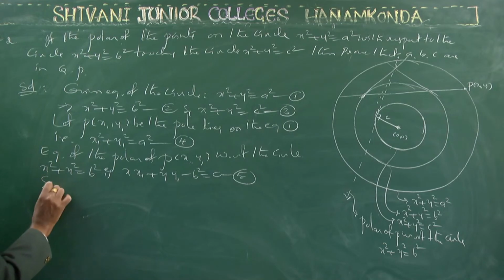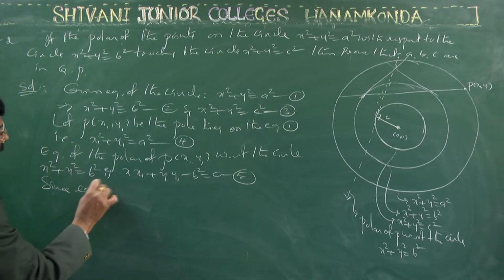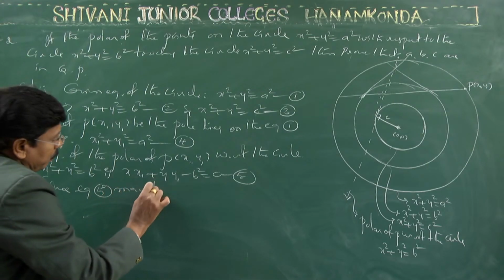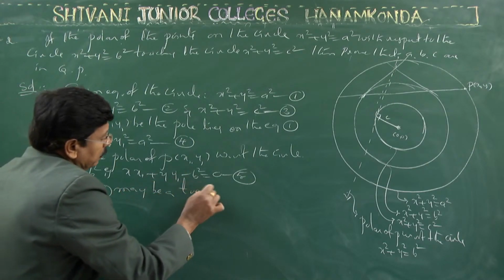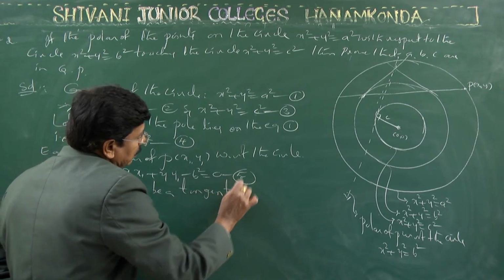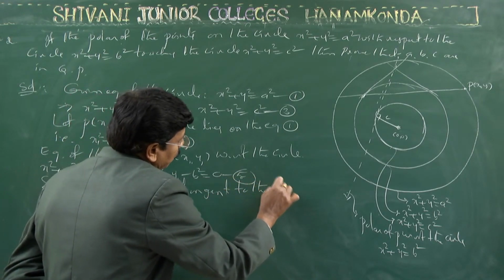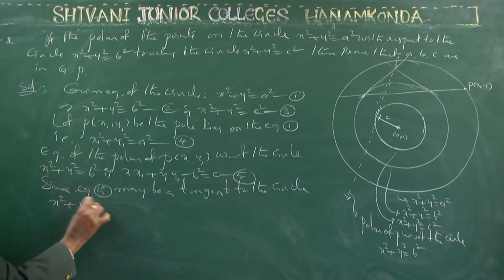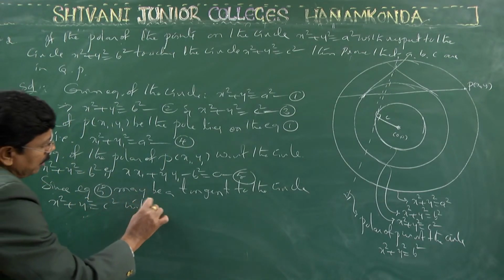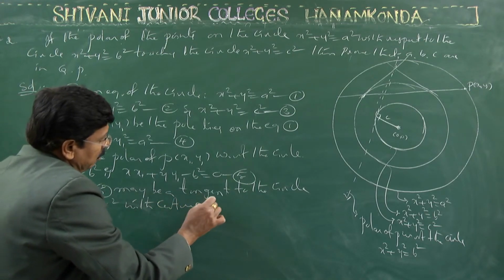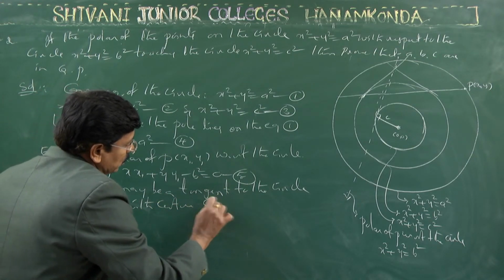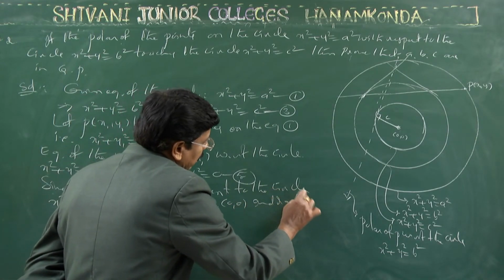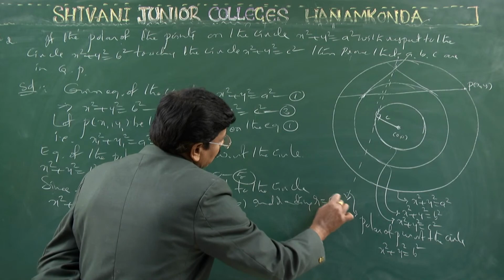Since it is given that equation 5 is a tangent to the circle x square plus y square is equal to c square, the center is 0, 0 and the radius is c. You can observe in the diagram, radius r is equal to c.